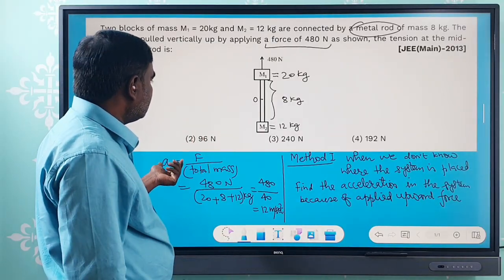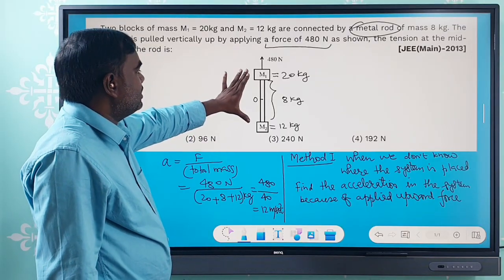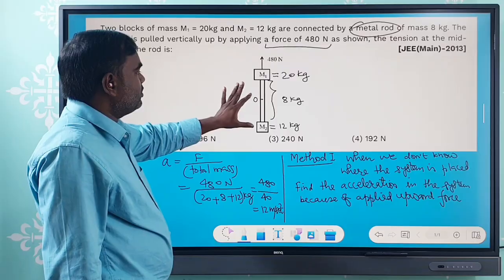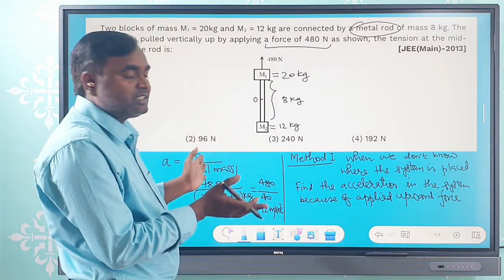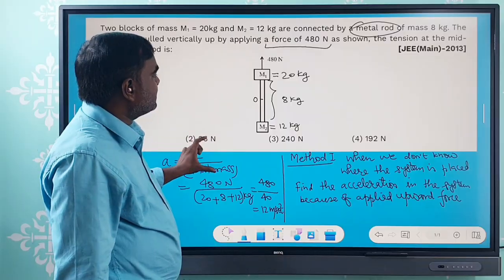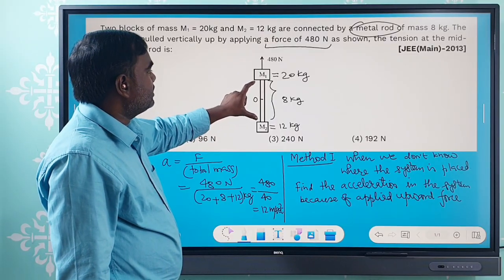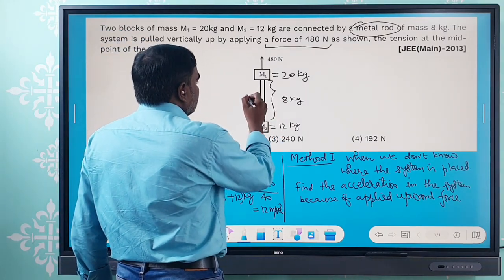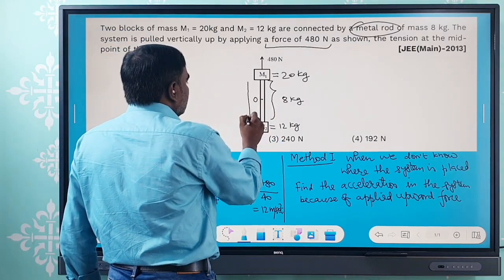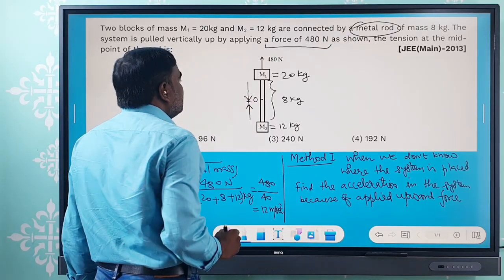Because of this acceleration, these masses m1, m2 and the rod are moving with this acceleration, and because of this the rod is in tension. There is a tension in the rod acting along the rod in the middle.